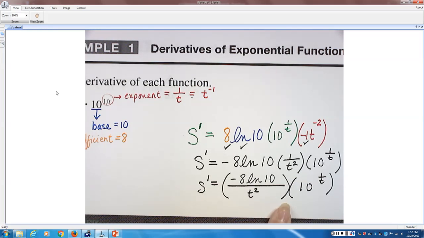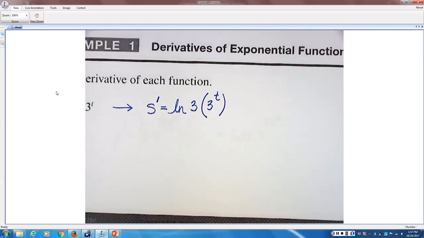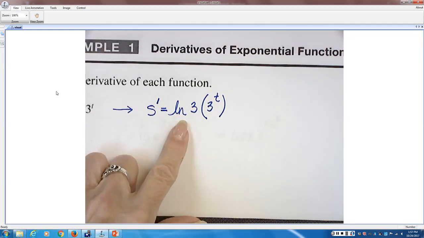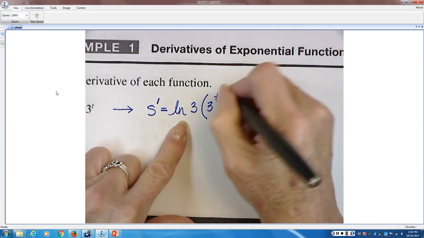Why for this one do you multiply the additional thing you got, 8 ln 10, 1 over t times negative 1 t to the negative 2? For example B, that was kind of similar. You only multiply by the original function, not by the... Yeah, why do you have to have 10 to the 1 over t and negative t to the negative 2?